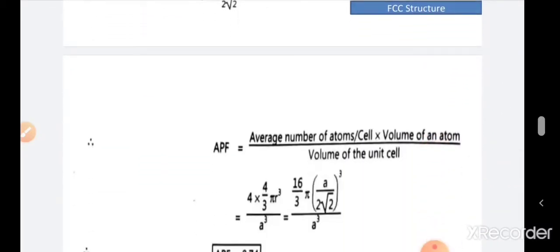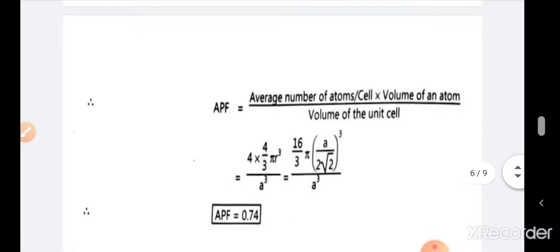We know very well that atomic packing factor is the ratio of the volume of atoms in the unit cell, number of atoms in the unit cell times the volume of an atom, divided by the volume of the unit cell. The volume of the unit cell is a cubic structure, that's why we place A cube.